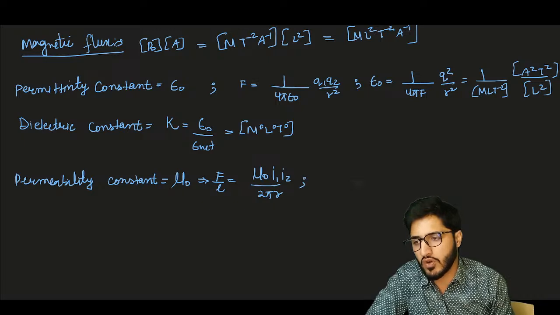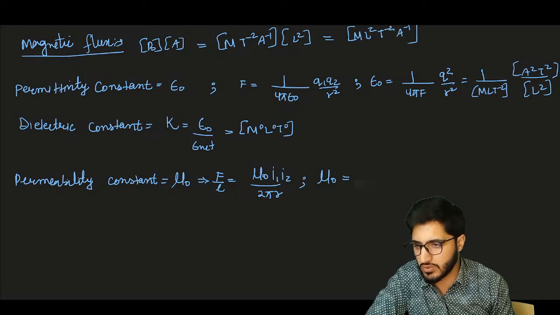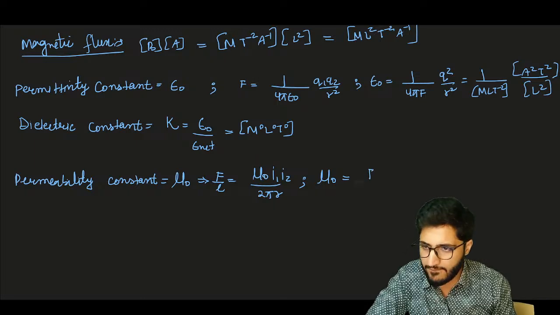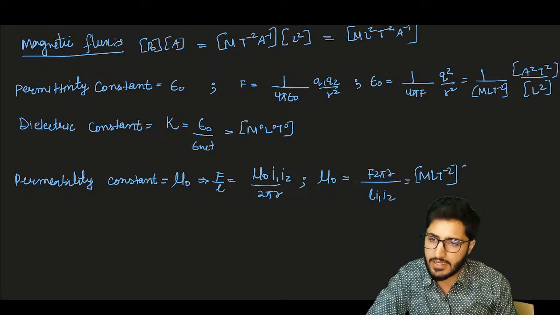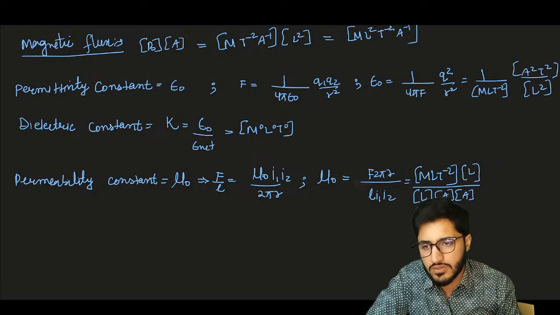So mu naught would be equal to F 2 pi r whole divided by L I1 I2. F is force MLT^-2, 2 and pi are nothing, r is L, divided by L, length is L, current is A into A. So what I can get is MLT^-2A^-2.